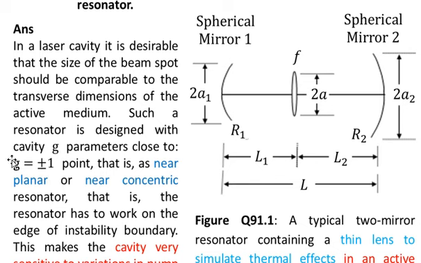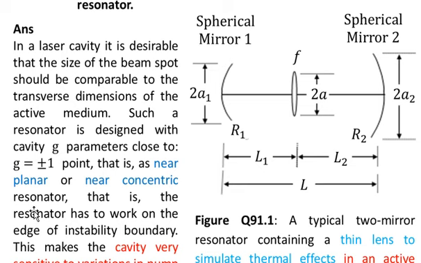So such a resonator is designed with the cavity parameter G, which is the product of G1 and G2, close to plus or minus 1. That is, as a near planar or a near concentric resonator.